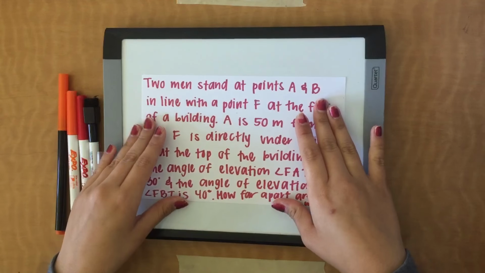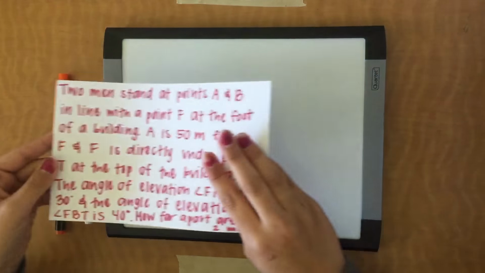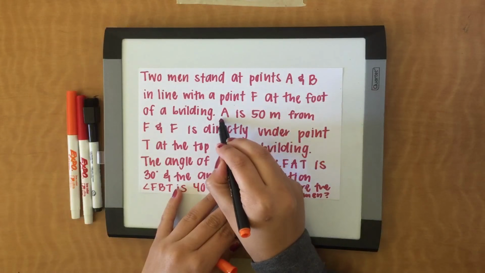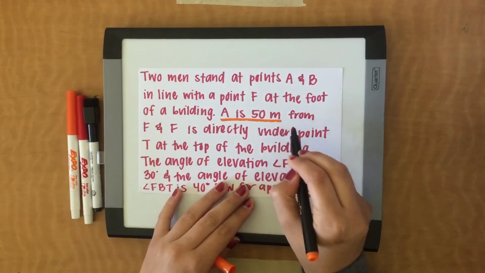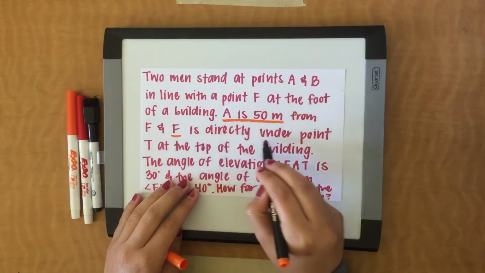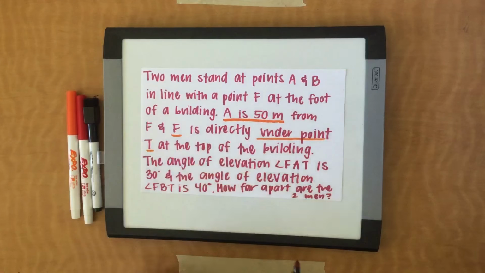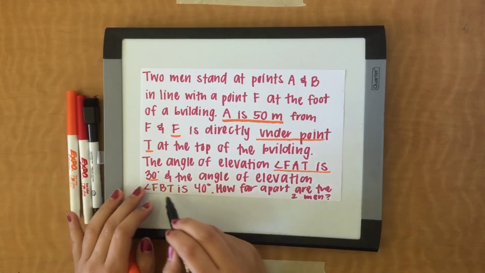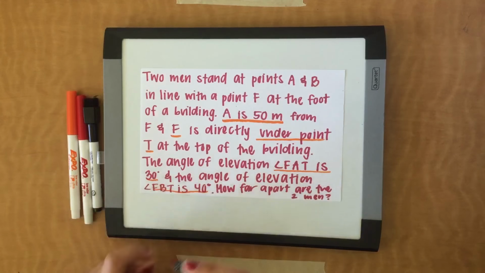So before we do anything, we should draw this picture. Things that we need to know is that A is 50 meters from F. F is under point T. FAT is 30 degrees, and FBT is 40 degrees.